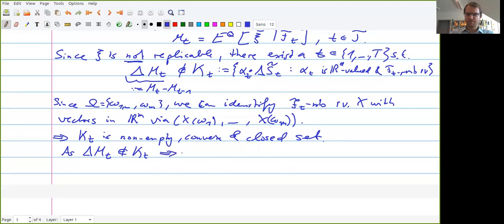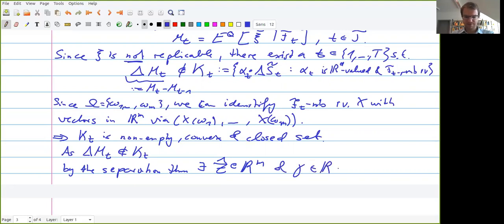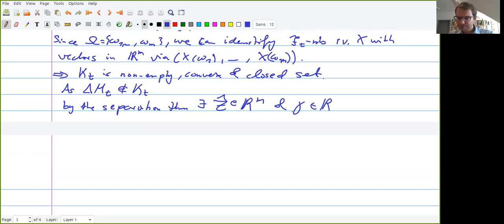This means, by the separation theorem, there exists a vector that's called Z hat, and there exists also a constant gamma in R such that Z hat just represents my linear mapping.